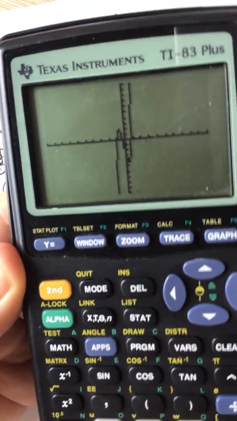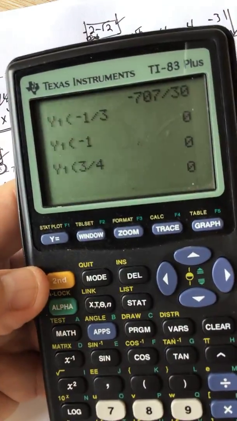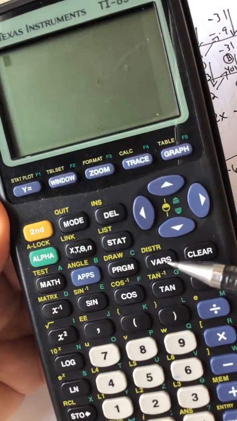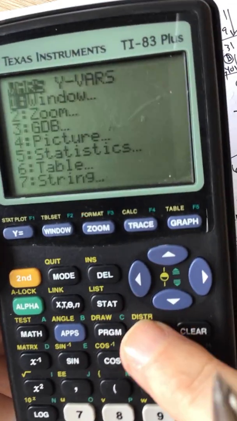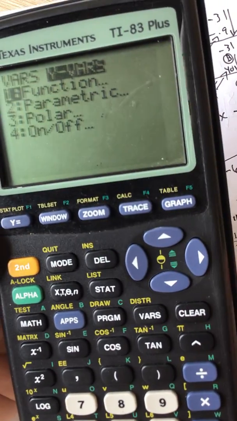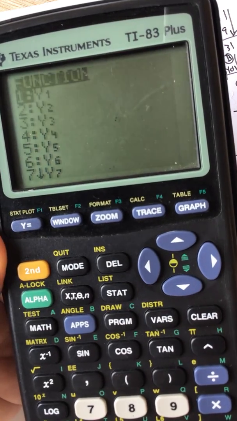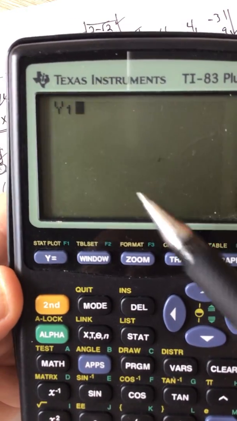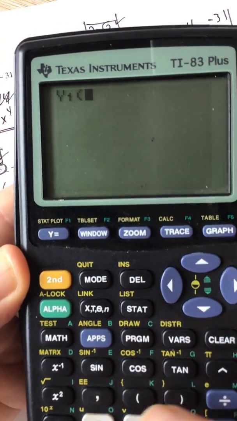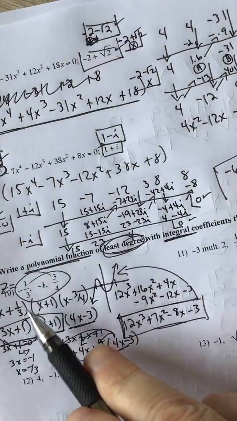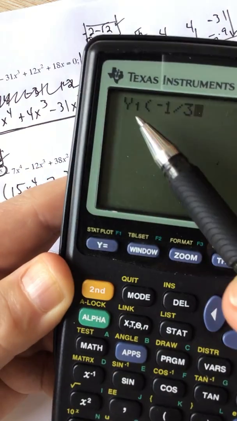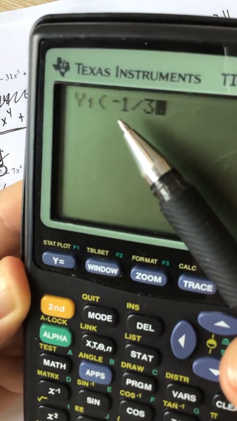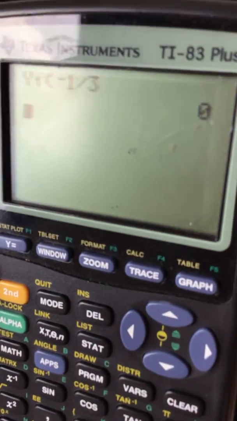There's a couple ways to confirm that. I hit quit. I could go to variables and stick those in and see if it hits equals 0. Variables, Y variables, function Y1, since I put it in Y1. So Y1 is the equation. And now if I put in -1/3. So if the equation is correct, -1/3 should make it 0.